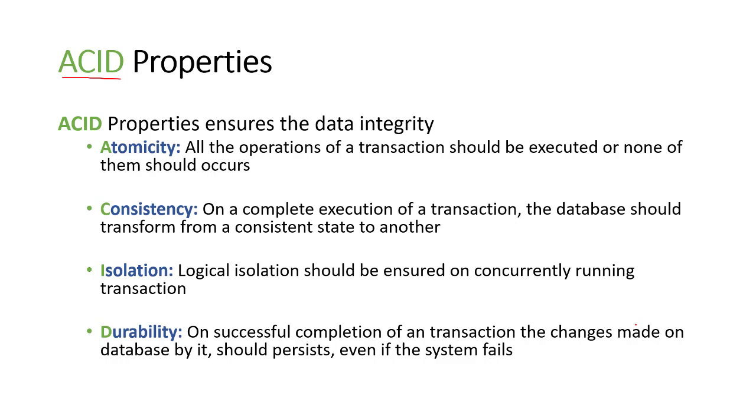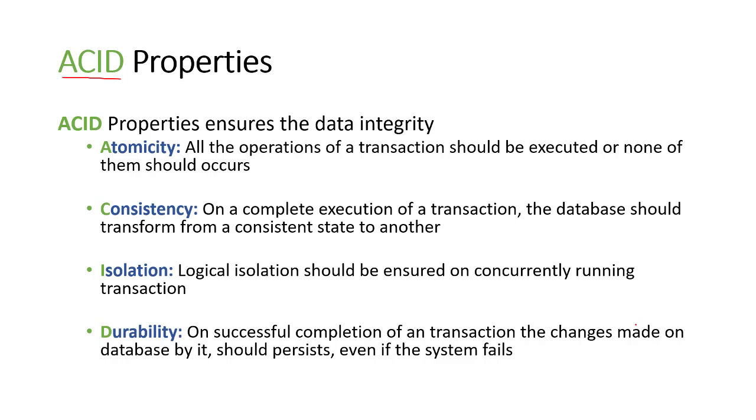It says that when a transaction makes some changes on the database, the changes should persist, meaning the changes should be permanent until and unless another transaction makes other changes. So whatever the situation, the system may fail, any physical or natural phenomenon, or the system may crash down, all the changes that have been made should be there. What a transaction made should be there.